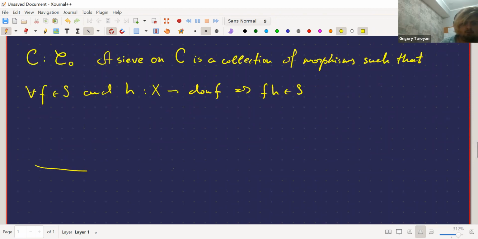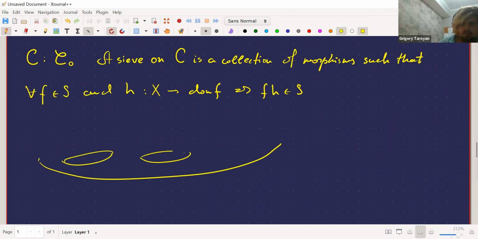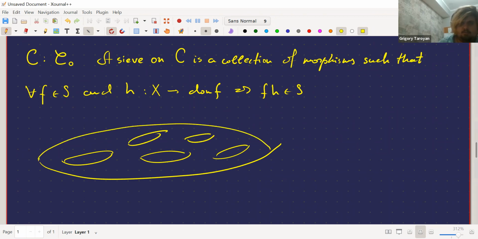So this can be represented by the following picture. We have some holes inside of the sieve, and we have a morphism F which goes through one of the holes. That means that everything that can be added to this morphism, for example any morphism of this form, also goes through the hole.